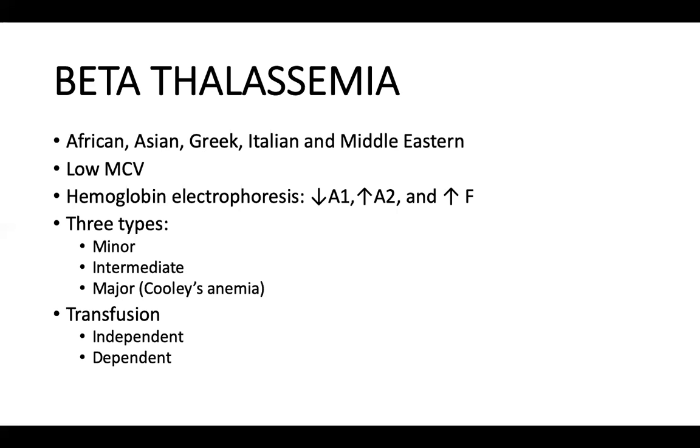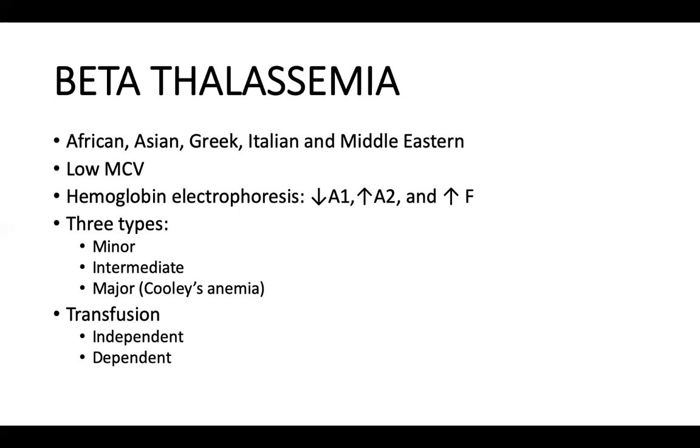It is most commonly associated with the countries around the Mediterranean. Now, beta thalassemia, they all have low MCVs, okay? They may not have anemia. They might have a hemoglobin of 12.5 and a hematocrit of 35, but the MCV will be 79, and that is your trigger to order a hemoglobin electrophoresis.